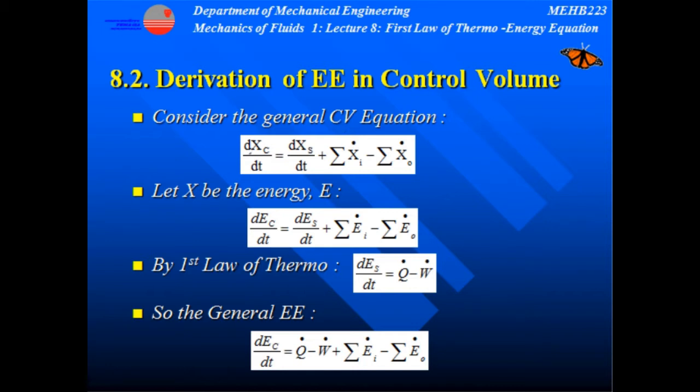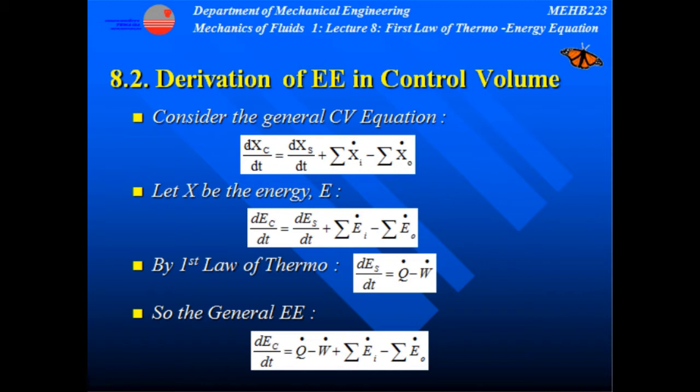This X is any extensive property. In lecture 6, I replaced this X with mass and I got the mass conservation equation. And in lecture 7, I replaced this X with momentum and I got the force and momentum equation, also called the linear momentum equation.